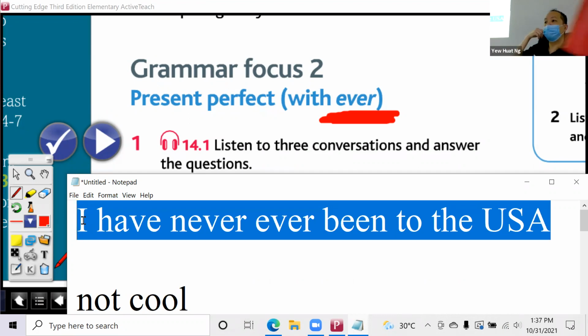It's for emphasis. Okay. In a while, I'll teach you how do we usually translate into Chinese.